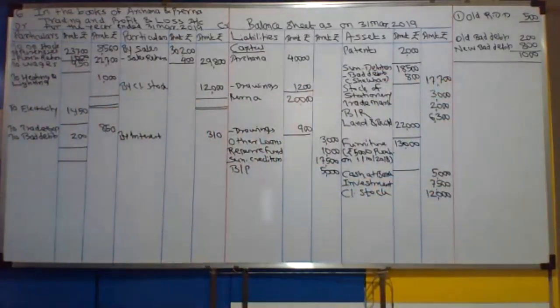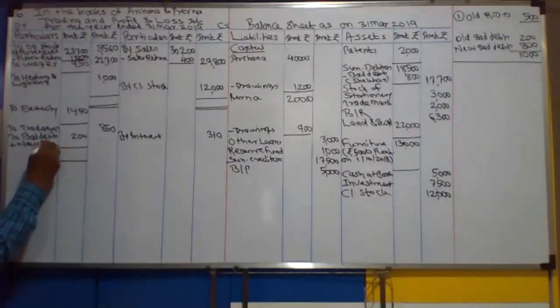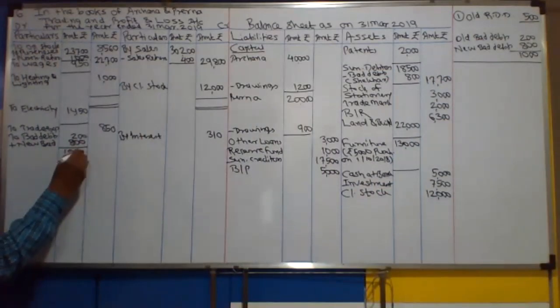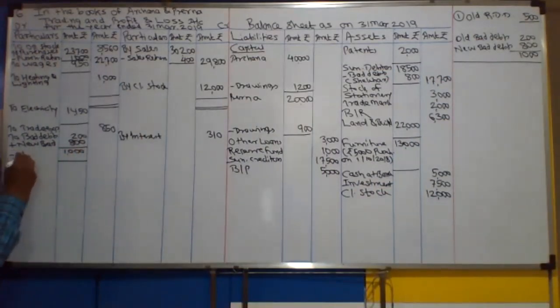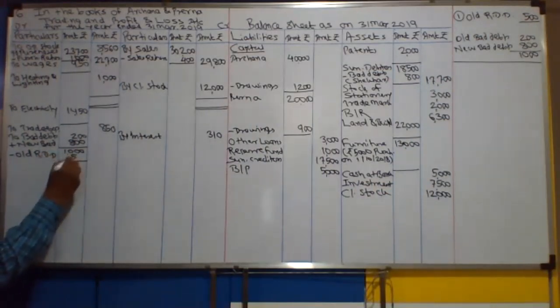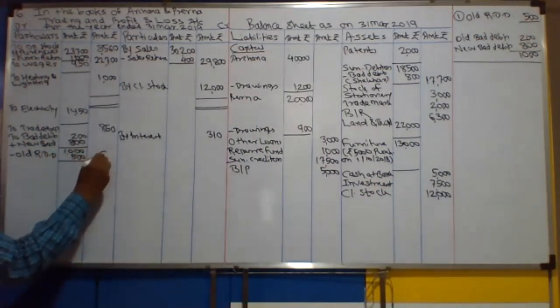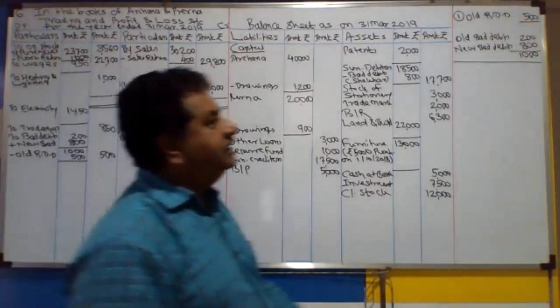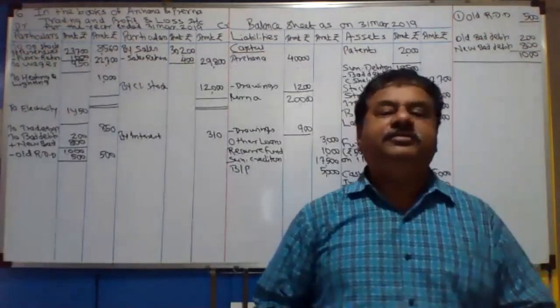So less from debtors, and add bad debts as new bad debts. और यहाँ से हम लोग old RDD माइनस करने वाले हैं. We are going to subtract old RDD. The outer column is your net amount which is required to show as a loss or to write off.